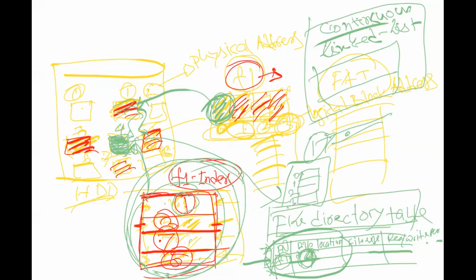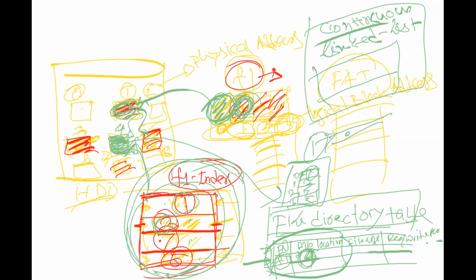From index zero of this table, it gets the zero block location of the file. The zero block is loaded inside block number 1, so it can read the data from block 1. Then the one block is loaded inside block number 3, and 7 and 5 are here as well.